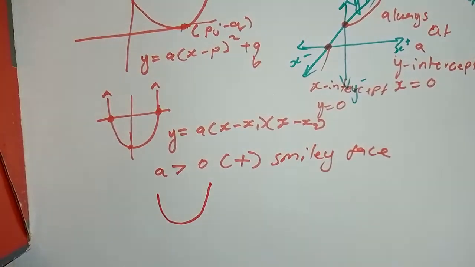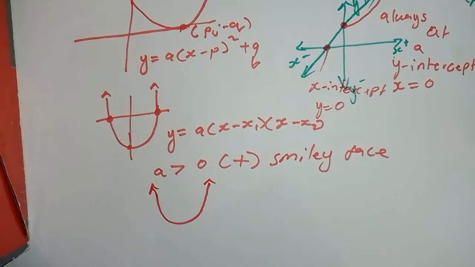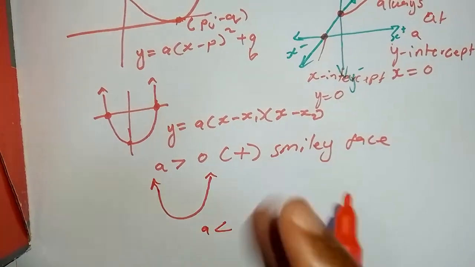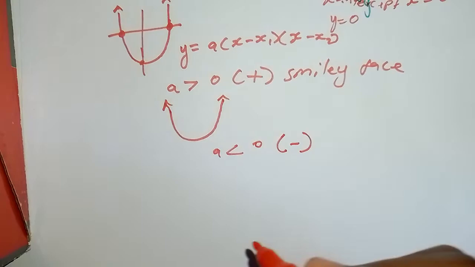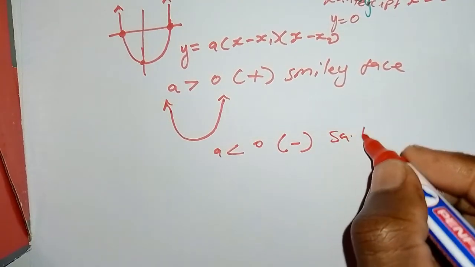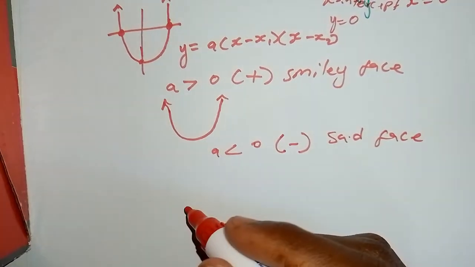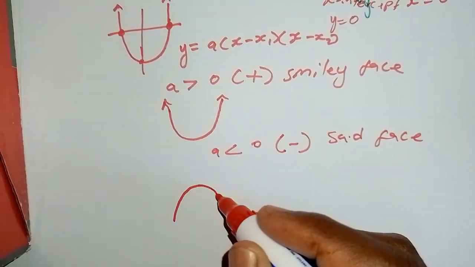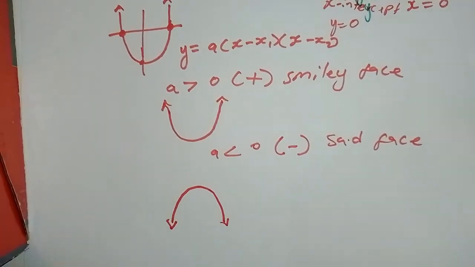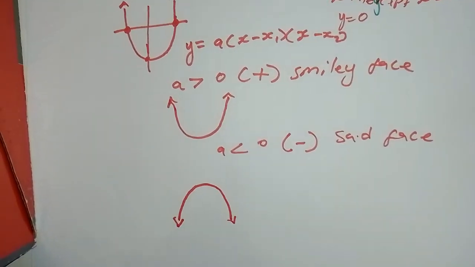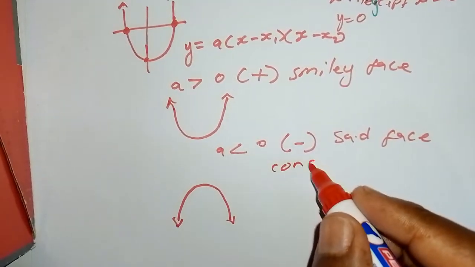You're going to have a graph like that. Now, if the value of a is less than 0, meaning the value of a is negative, then you're going to have a sad face. This is the sad face, meaning the concavity of your graph will be facing down. This is what you call concave down.